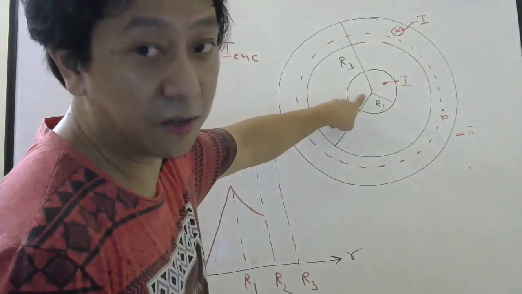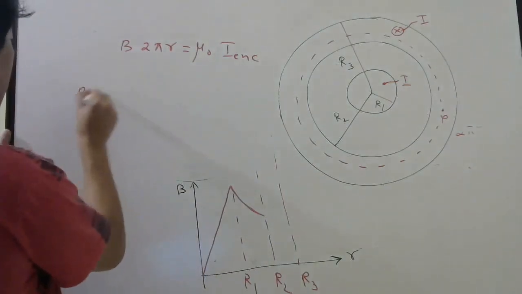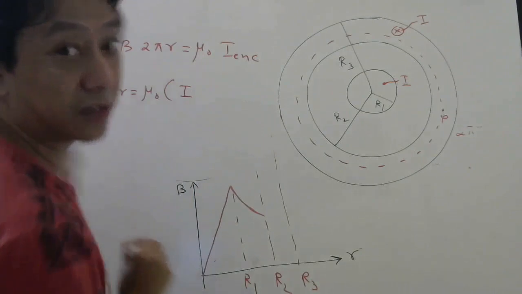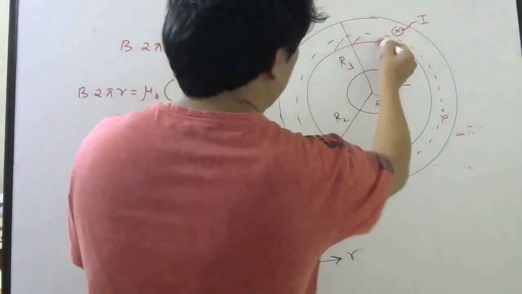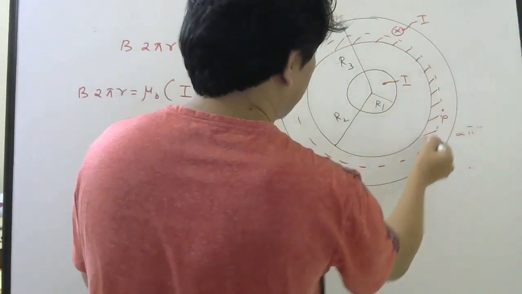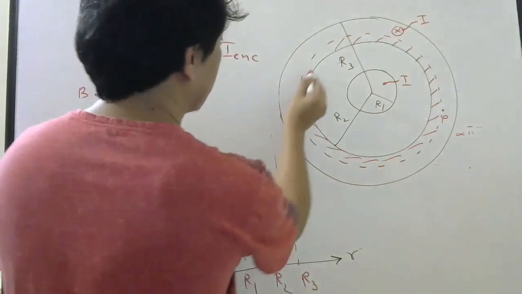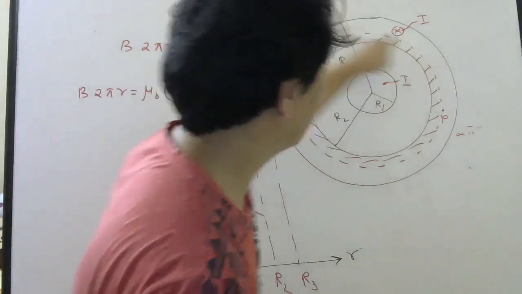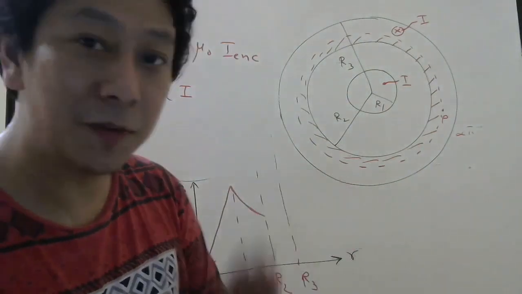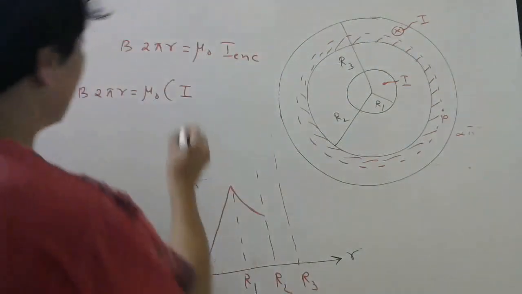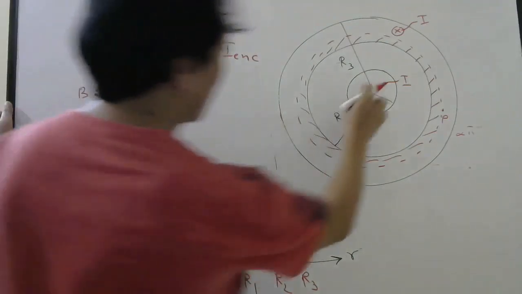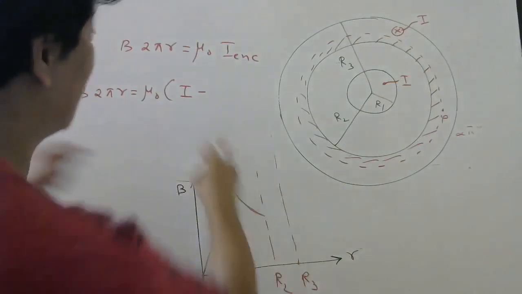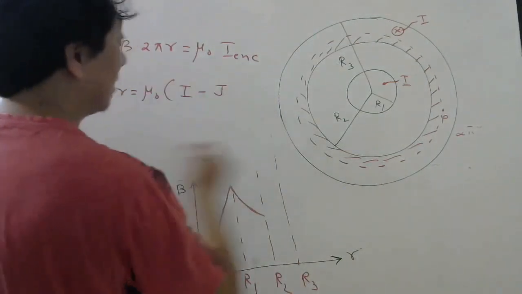This much, I, is inside, no doubt, and this part we also have to calculate. How to find the current through this area? Simple, multiply the current density with this area. Minus or plus here? Minus, because this current is out and this much current will be in, so they will subtract. So minus J into this area.